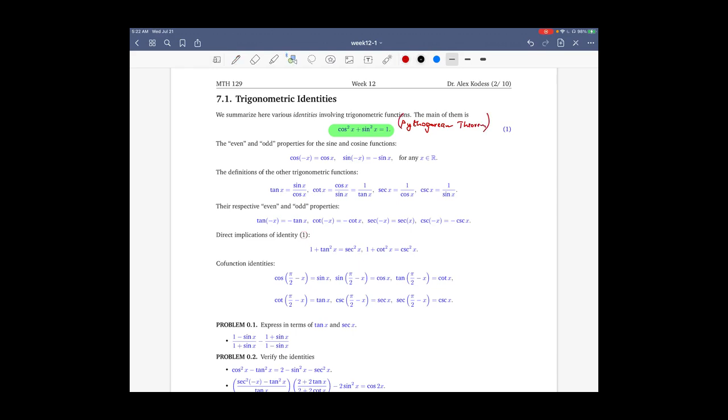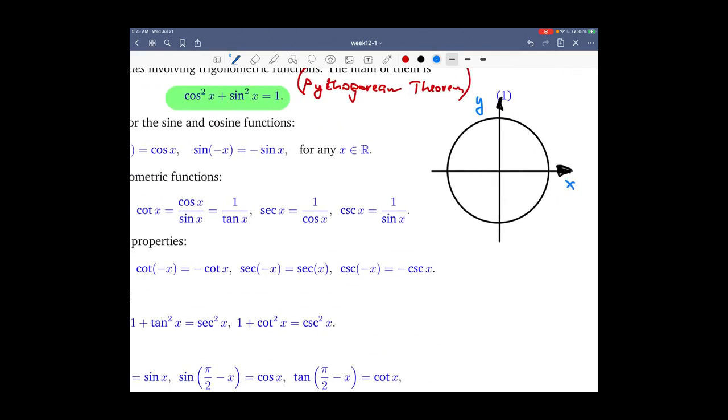If we draw the unit circle centered at the origin, and realize that for any given angle x, this distance here is cosine x, that's one leg.